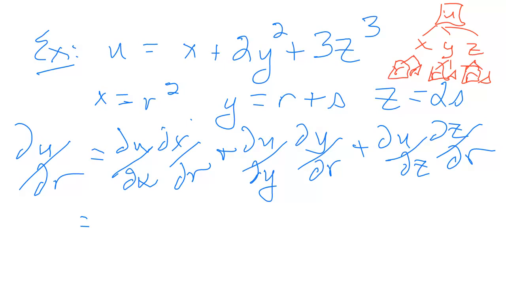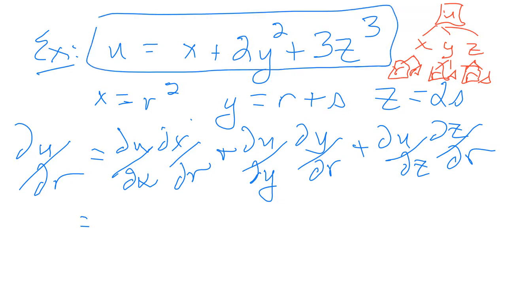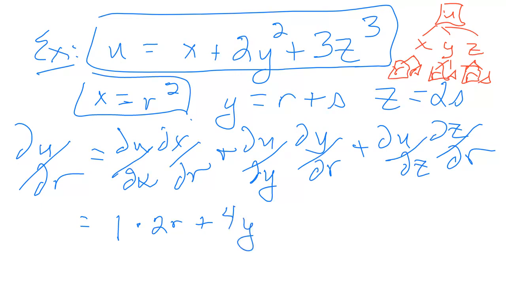All right. But anyway, so partial of u with respect to x. Everything else is a constant, so that's 1, right? And then partial of x with respect to r is 2r, plus partial of u with respect to y. The first and last terms are constants, so that'd be 4y to the first, or 4y.